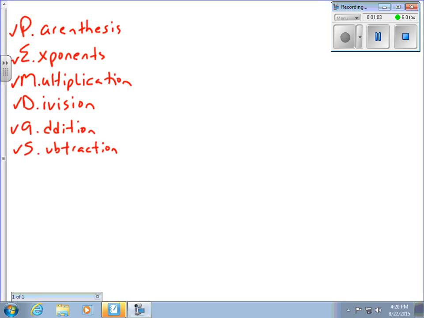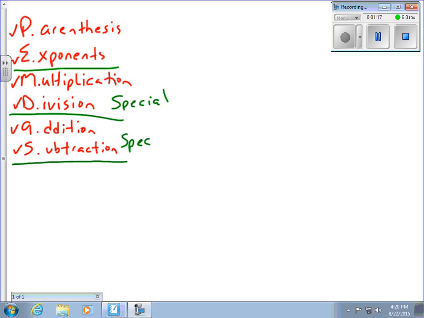Then you do all the exponents. Then you do multiplication or division. Both of those get done first before addition and subtraction. And remember the special rule that we talked about in class for both of these. For addition and subtraction and multiplication and division, you do whichever one comes first in the problem from left to right.